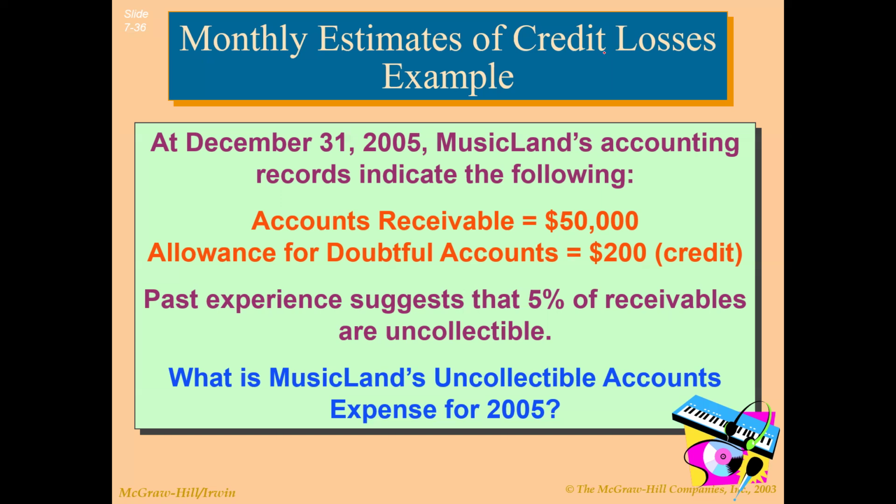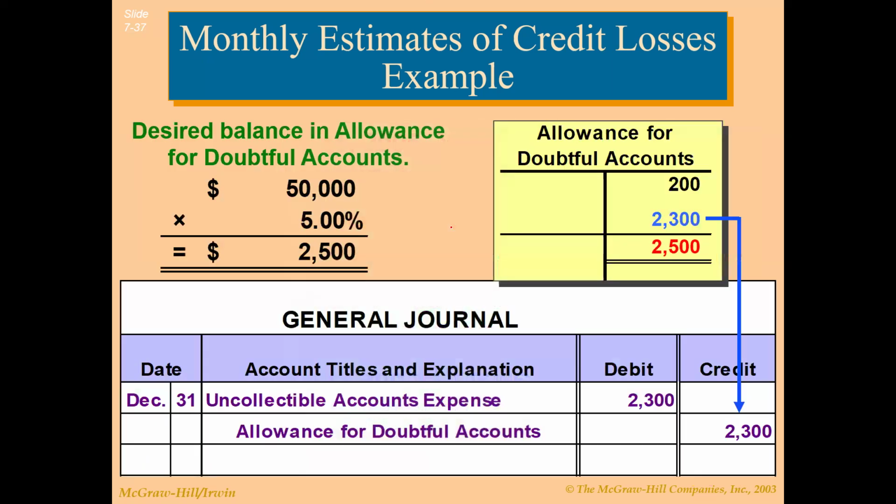So it means that we will get the 5% of our credit sales. So here, let's say our accounts receivable was 50,000, and its 5% is 2,500.